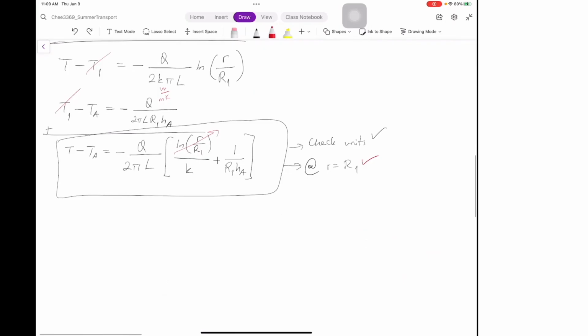That should be correct. You don't need to check it for anything else. I think this should be correct.